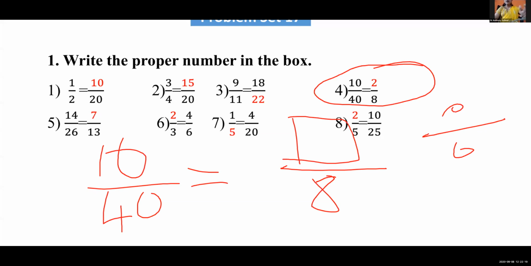So we have to find out the table in which 8 and 40 are coming. 8 and 40 ये दोनों नंबर जिस टेबल में आते हैं, हमें वो नंबर ढूंढना है.